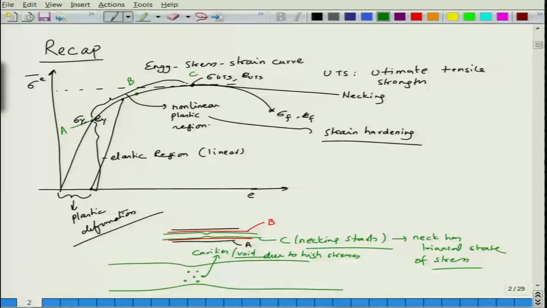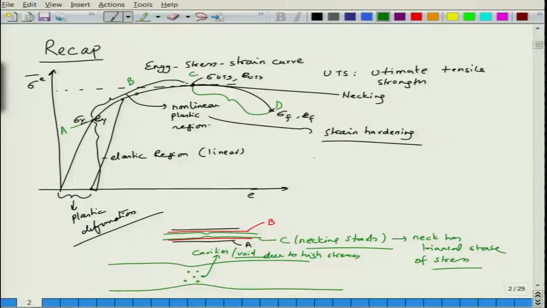In the region A to C, strain hardening dominates over the decrease in load due to reduction in area, and in the region CD, the decrease in load due to reduction in area due to necking dominates over strain hardening. So, there are two competing mechanisms which determine the load at a particular point.